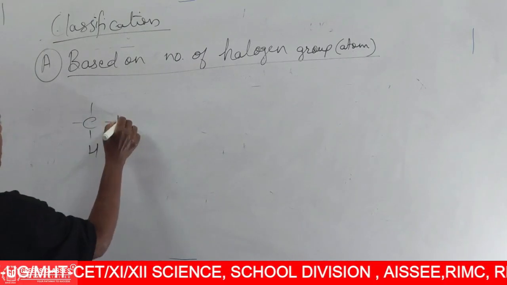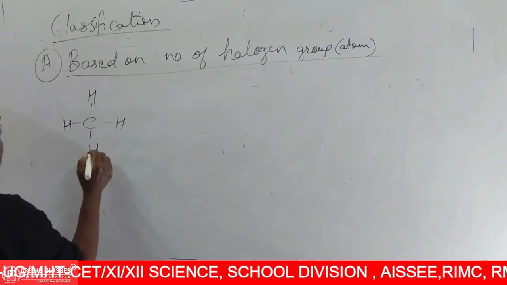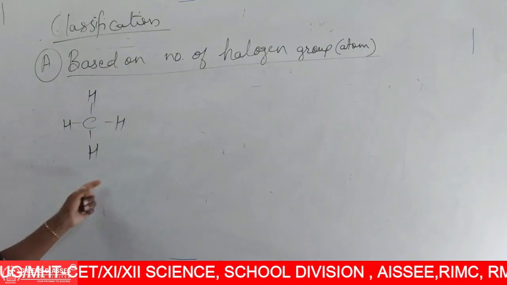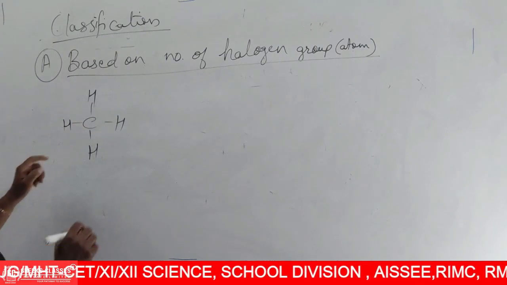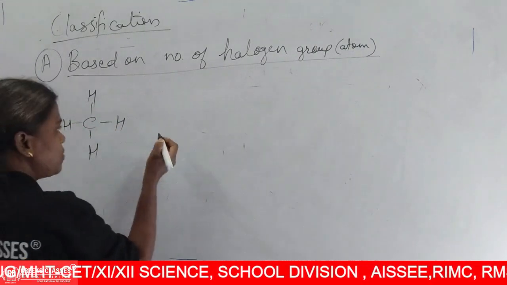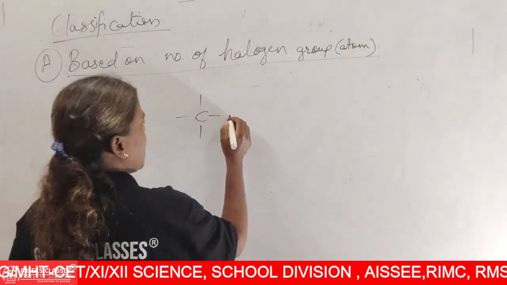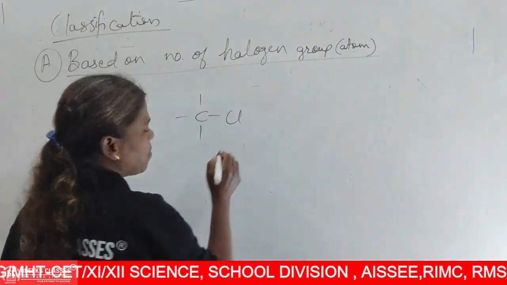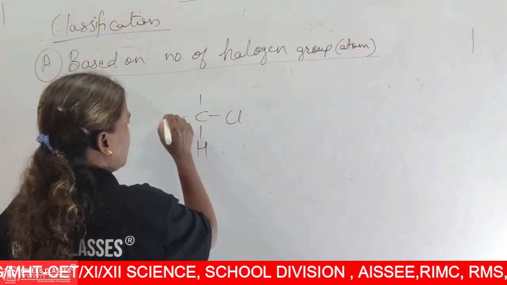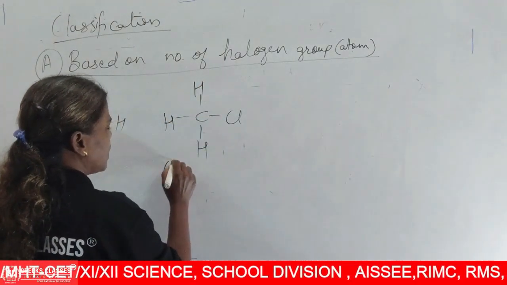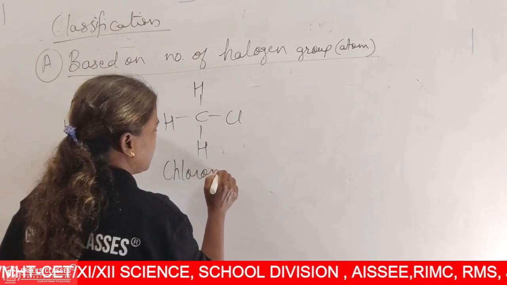I know that this is methane, right? So there are 4 hydrogens attached to this carbon. Each hydrogen can be replaced by a halogen, let's say chlorine. If one chlorine is attached, then we call this chloromethane.